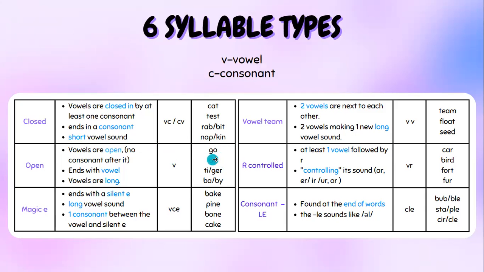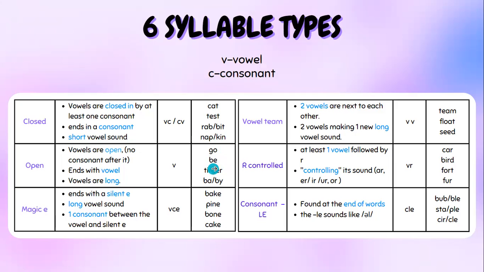For example, if we closed it in by putting a T at the end, it would be got, and since it's closed, it would become a short vowel sound. But since in the word go, the O is open, the syllable is open, the O is pronounced as a long O, since vowels in open syllables are always long.